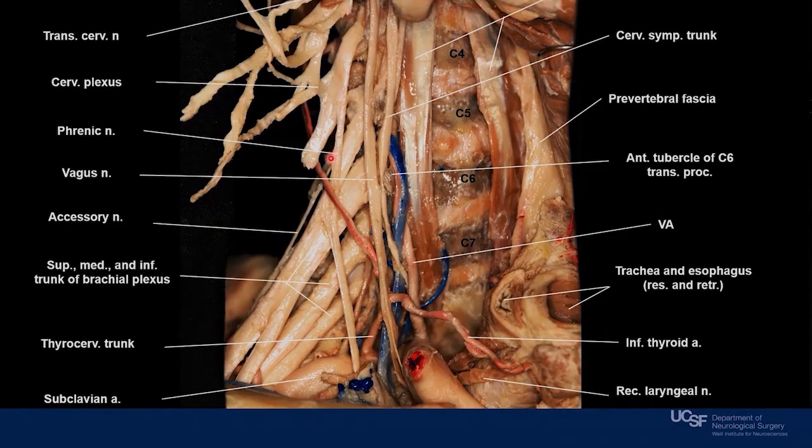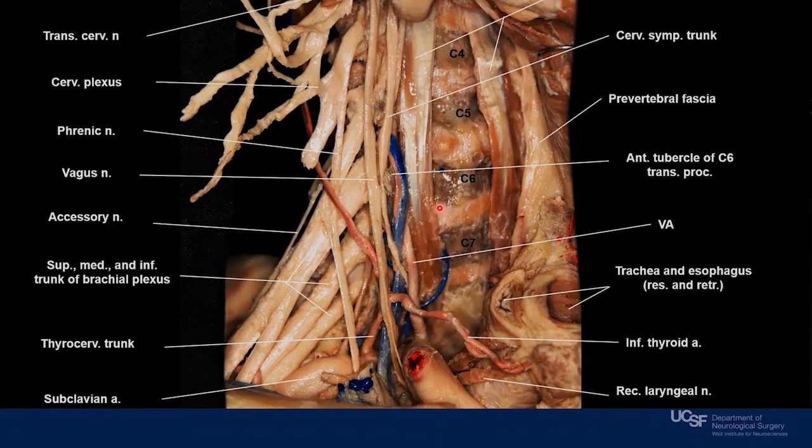We see from C4 the phrenic nerve running inferiorly, and from C5 to T1 we see the trunks of the brachial plexus being formed. We see the subclavian artery and the thyrocervical trunk giving origin to the inferior thyroid artery. We remember the superior thyroid artery comes out of the external carotid artery, and the ascending cervical artery.